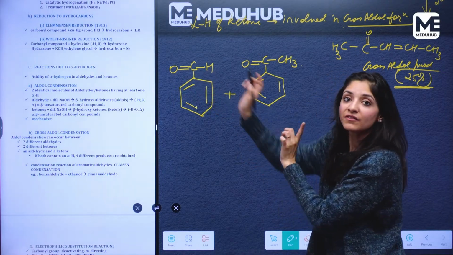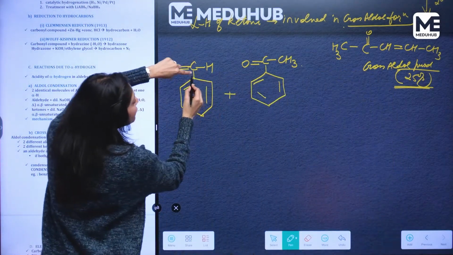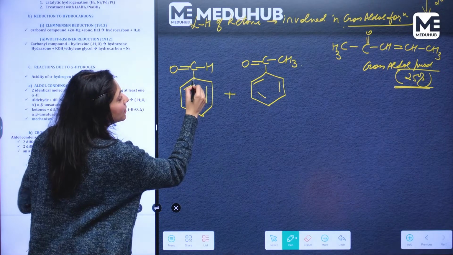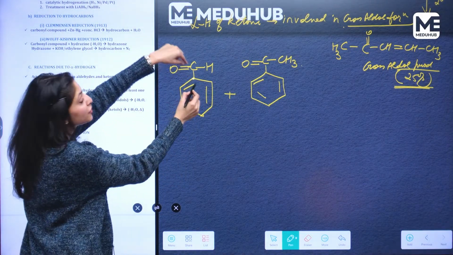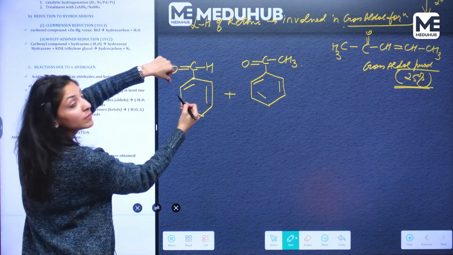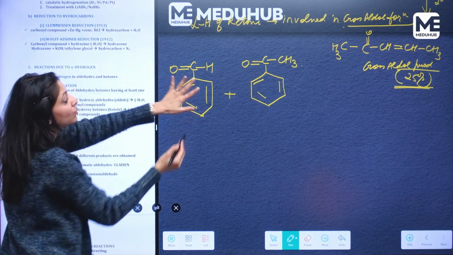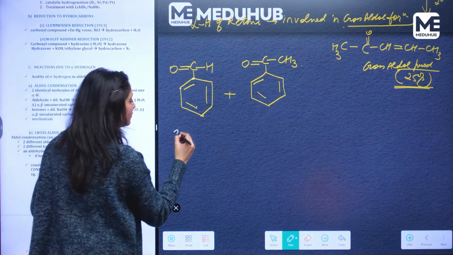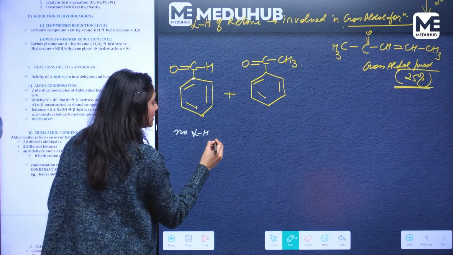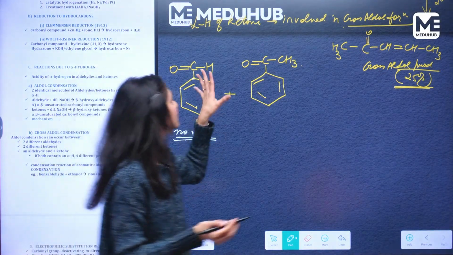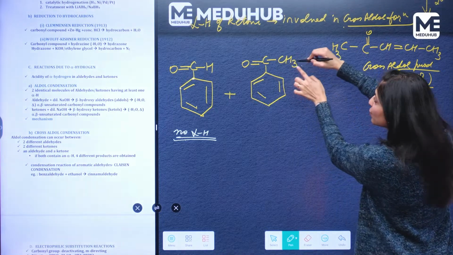Benzaldehyde does not have an alpha hydrogen because the alpha carbon is this carbon here. Alpha carbon is attached to 3 other carbons and there is a double bond between this carbon and this carbon. So benzaldehyde has no alpha hydrogen. So this simplifies our product because only this molecule has an alpha hydrogen here.